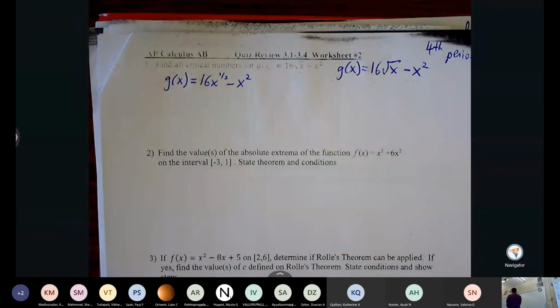I got it ready for power rule. Now I can bring down that 1/2, right?